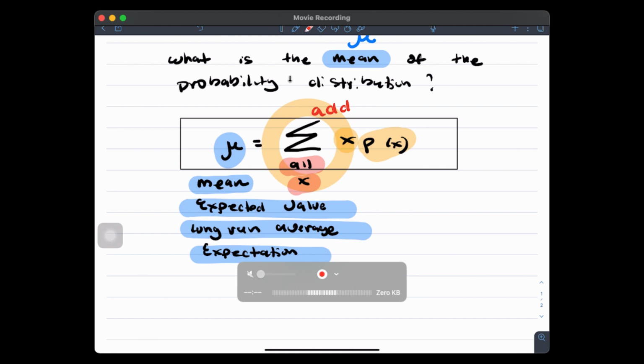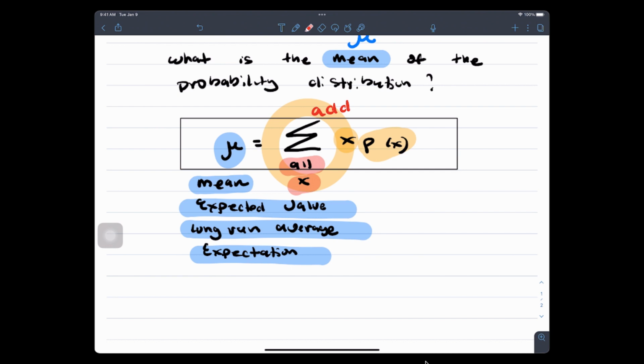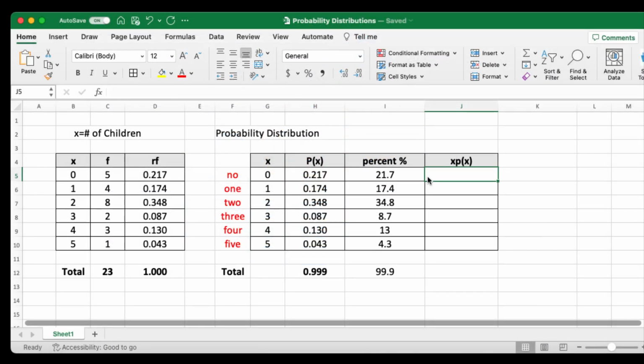So if I go back over here in Microsoft Excel, here's what I want to share with you guys. We're really talking about these two values here. We're going to have to create a column. The column is going to be x times p of x. And so you say, how do I get that? Here's this x p of x column right in here, and I'm going to color it orange so you guys can see that.